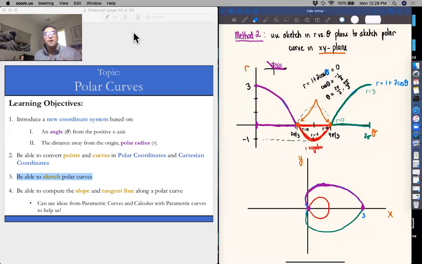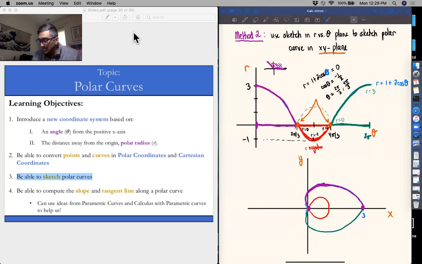Just by using the curve in the r theta plane to help guide us and ask the questions of what's happening to r between specific angular regions. r is going from something positive, like in this first case, r equals 3. And then as we get closer to an angle of 2 pi over 3, r is equal to 0. So r is decreasing in that entire interval.